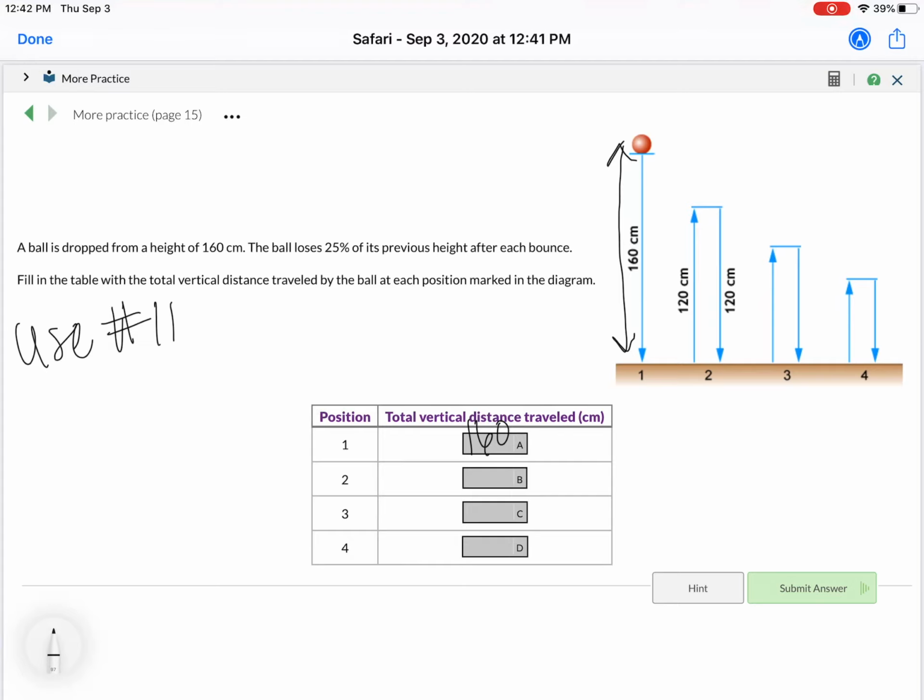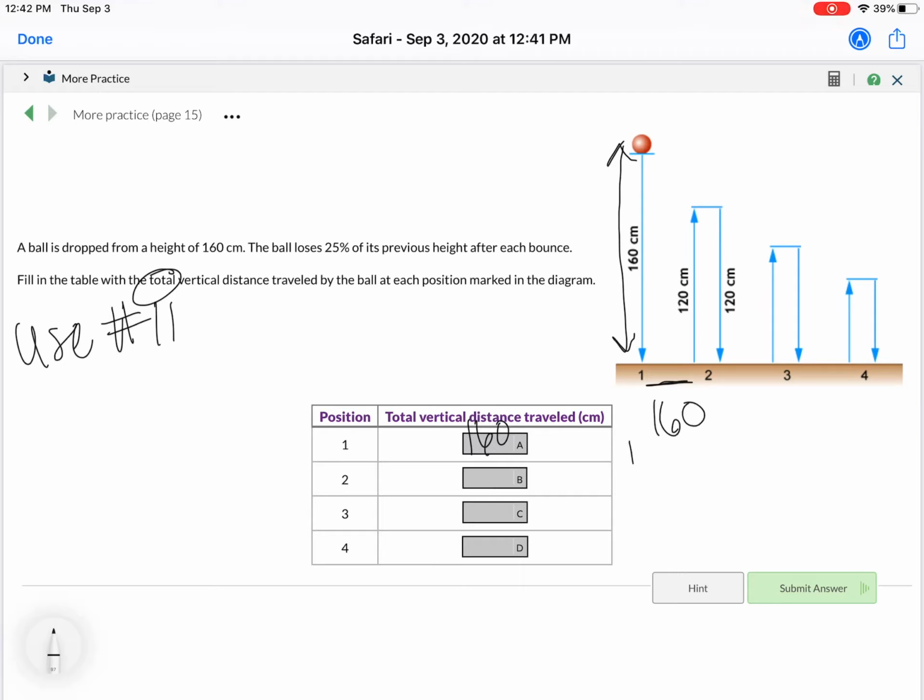You got to pick up where you left off. So let me show you from 1 to 2. So from 1 to 2, in this point right here, let me turn my pen on. We're going to have to add, okay? So for the position 1, we obviously have 160. All right, now it's 25%, okay? But I want to find the total vertical distance.